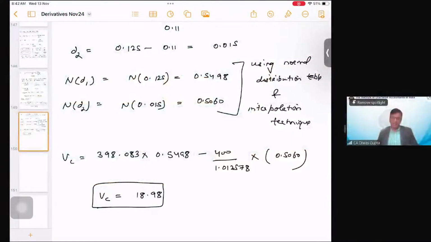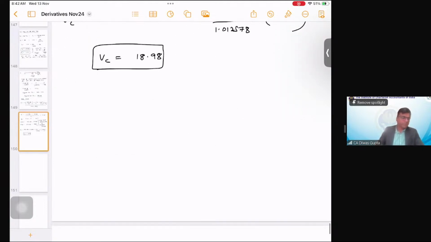Let's discuss a couple of key takeaways from this question. Let's first plot the different spot prices and against them the different values of the options.